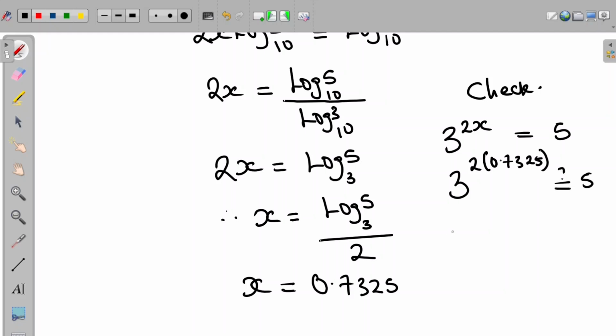Now, if you punch your calculator, the left-hand side is approximately equal to 4.99994, which is approximately equal to 5. Hence, x is equal to 0.7325.